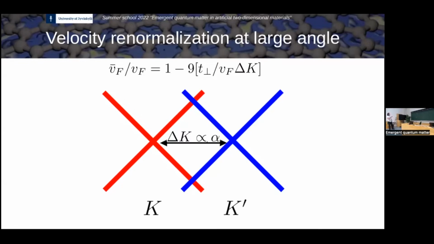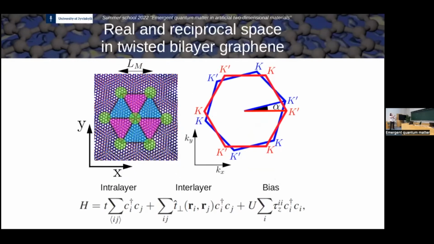So the basic idea is that the rotation angle controls the rotation between the two Brillouin zones, and therefore the rotation angle is going to control the distance between your cones in reciprocal space. So the smaller your rotation angle is, the closer the corners of the Brillouin zone are going to be together, and the larger the rotation angle between the two layers, the farther apart the corners of the Brillouin zone are going to be with respect to each other.